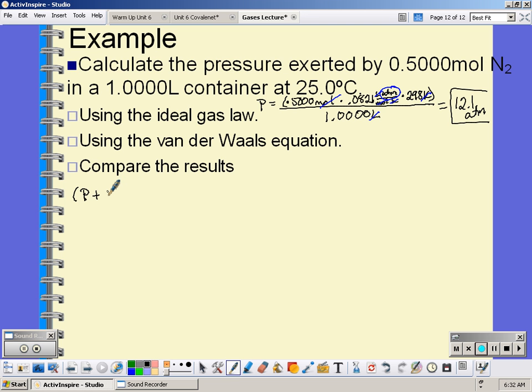And A is 1.39 times my moles divided by my liters, and we're going to square that, times our B constant, 0.0391. Again, I've got those constants off of page 212.